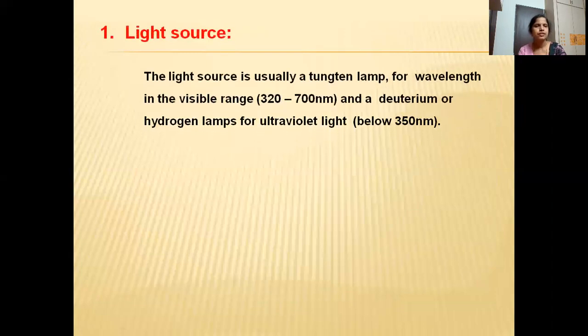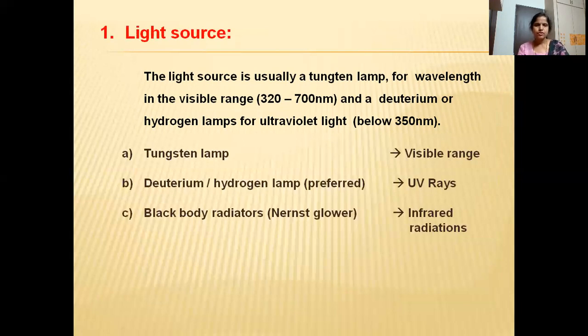First is the light source. It is usually a tungsten lamp or tungsten filament, taken for the visible range. For the UV range, we can take a deuterium or hydrogen lamp. And for IR radiations, we generally take a Nernst glower.